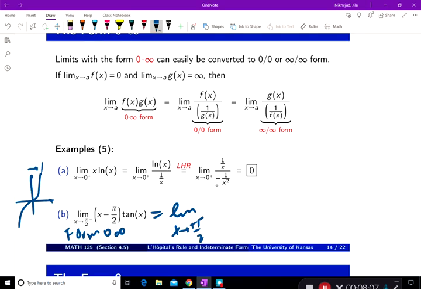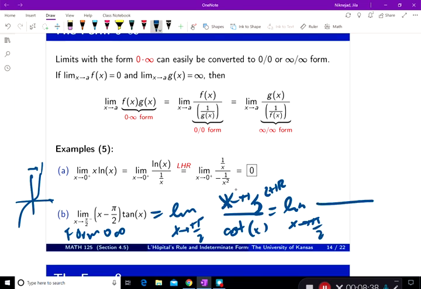If I'm reciprocating, I have to do it twice, so I'm taking it to the bottom. I get cotangent of x in the bottom: x minus pi half over cotangent of x. And then the limit with LHR as x approaches pi half.